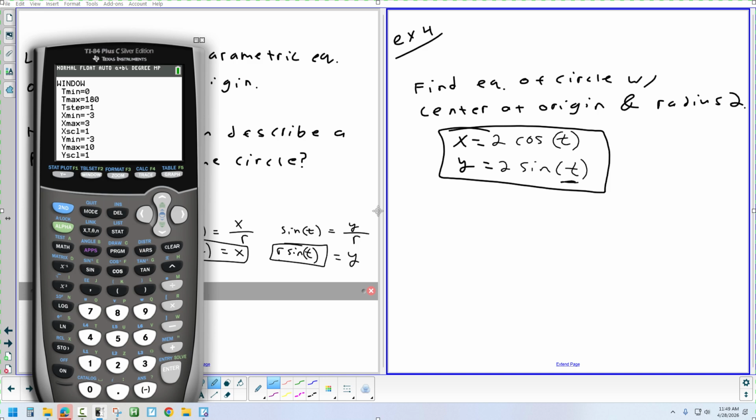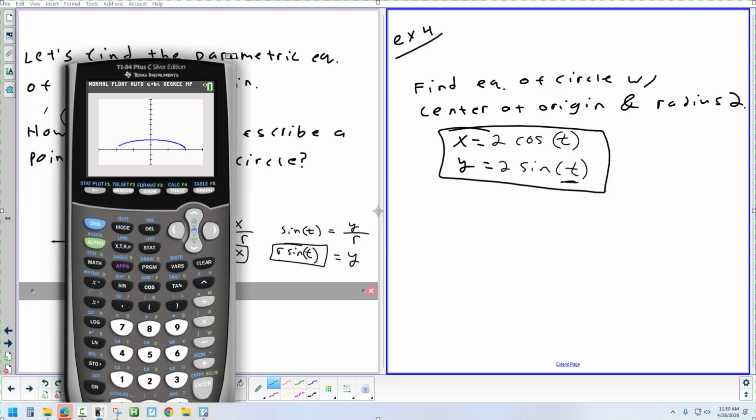So we got 0 to 180. Again, we want 360, but I'll show you what happens with 180. Go to y equals. Do 2 cosine t, 2 sine t. Hit graph. Well, I guess 1 was a little slow. Not awful.